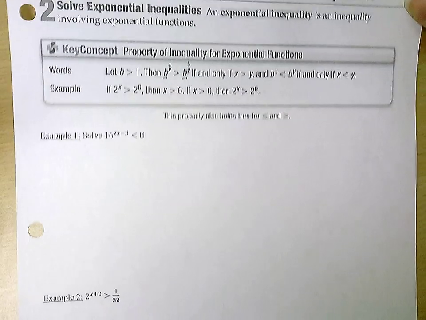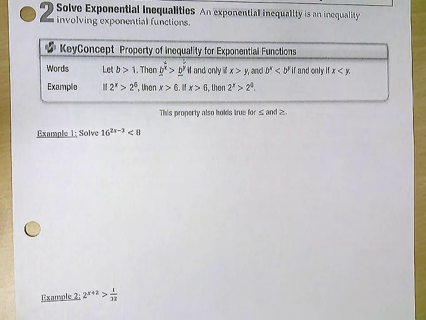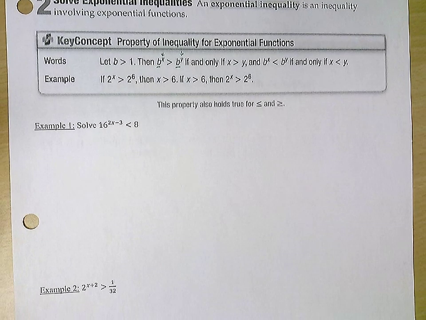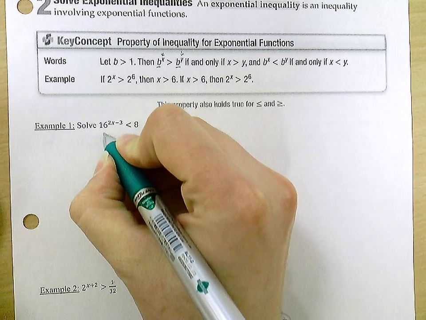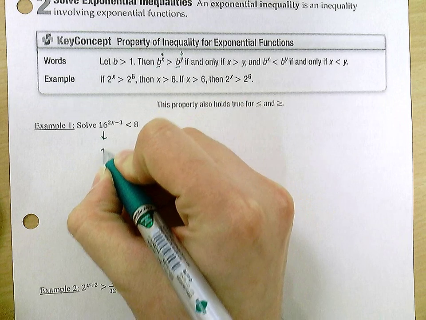So looking at an example, we want to solve 16 raised to the 2x minus 3 power less than 8. I want to change both of these numbers to have a common base. What kind of common base do you think I'll have for these two? 2. So I can change this 16 to a base of 2.